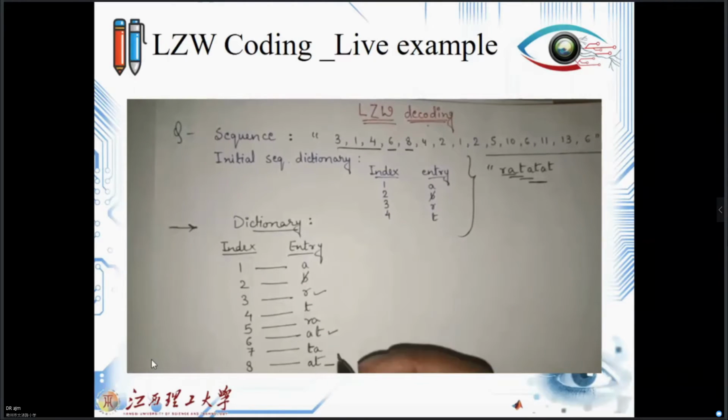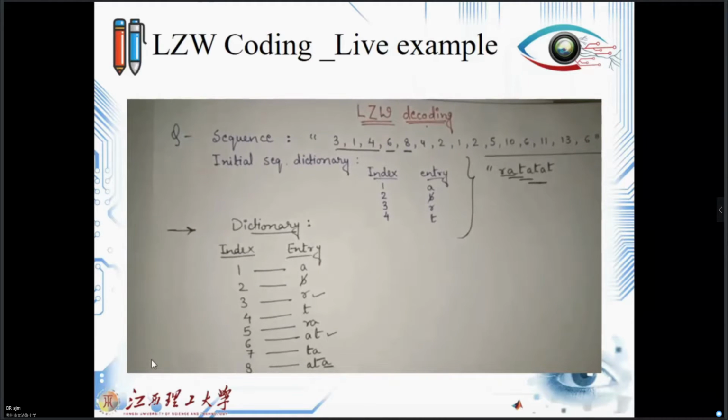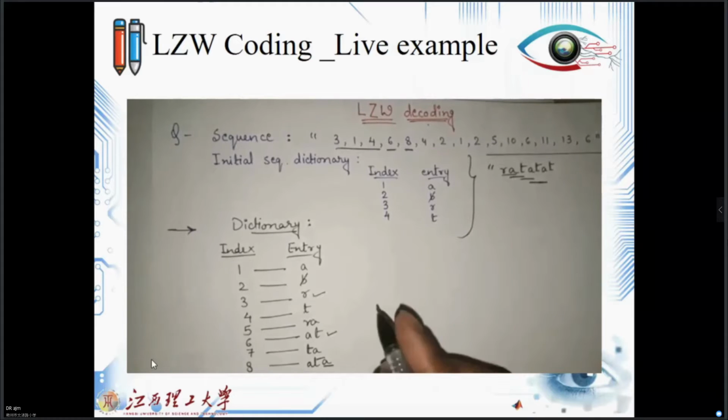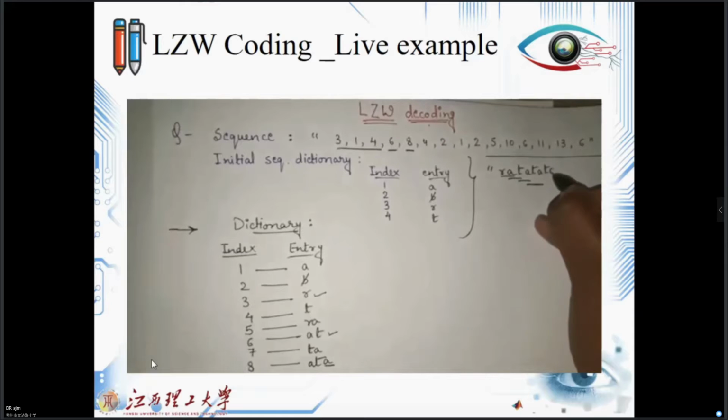Then maybe A will be the better thing because I had AT, but I didn't. Then it's written ATA. Okay. Then A we will put there.